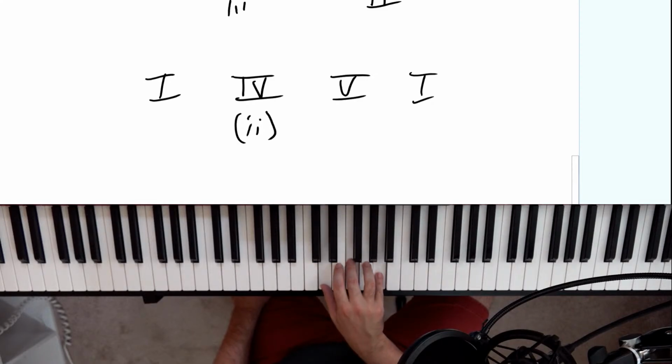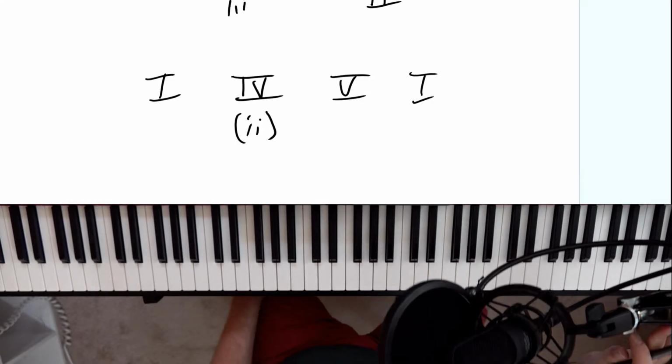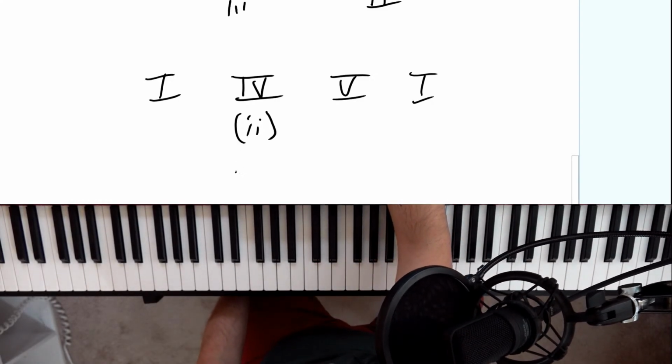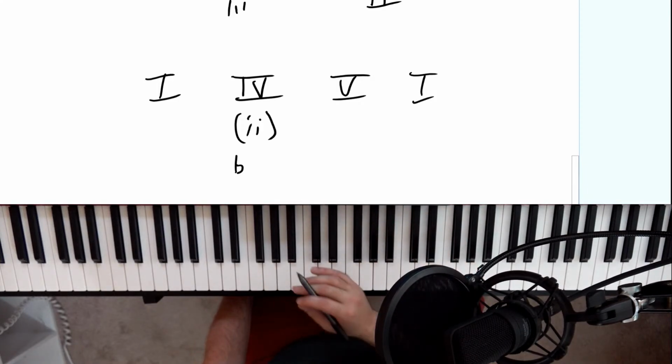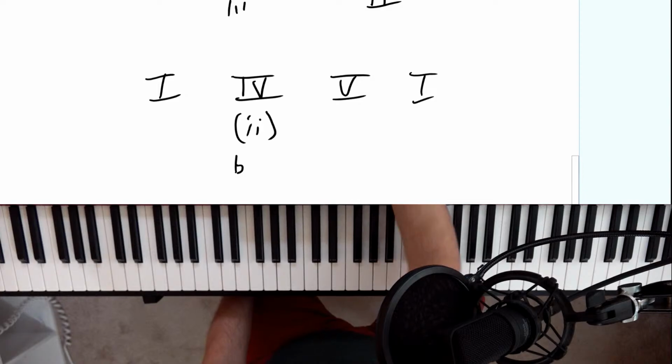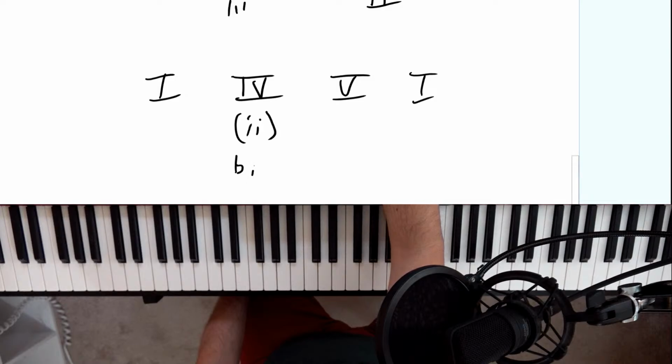So instead of a D minor chord, we're doing a D flat major chord. If you're watching this and you only half get it, that's totally fine. I'm going to give you some links at the end that will fill in the gaps if you don't know all the theory. That would be a flat major 2 chord. It would look like this.